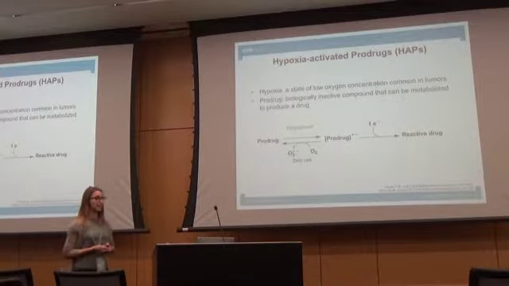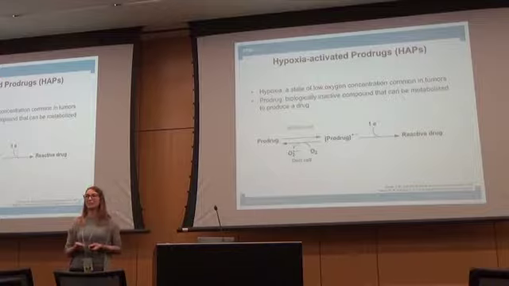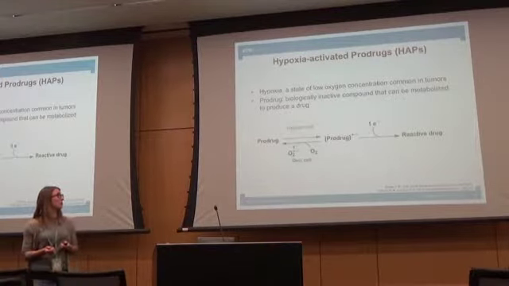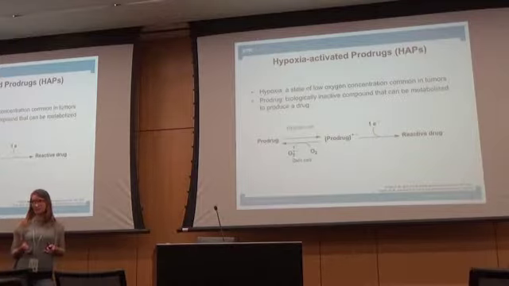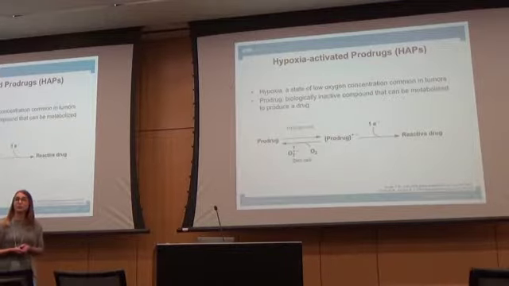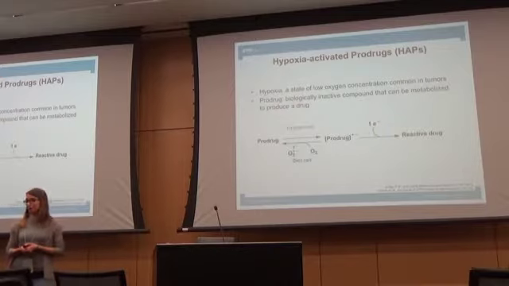A prodrug is a biologically inactive compound that can be metabolized to a reactive drug. In the case of a hypoxia-activated prodrug, the prodrug gets reduced through one-electron reduction, and there is the formation of a free radical intermediate.